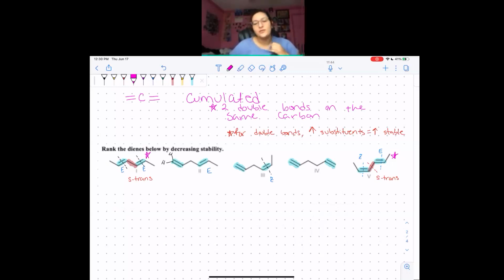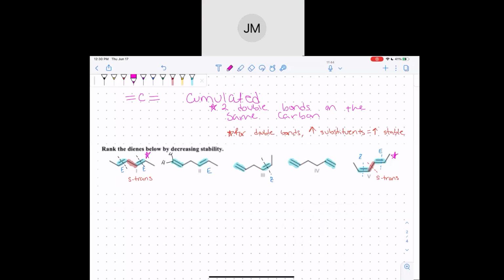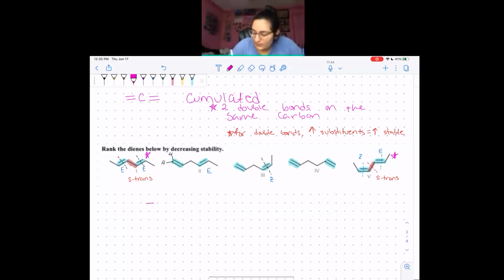And between those two, we know that trans is more stable than cis. Here we have E, E, trans. And here we have Z, E, trans. So between 1 and 5, which one do we think is going to be more stable? 1. Awesome. So I'm going to say number 1 is the most stable.